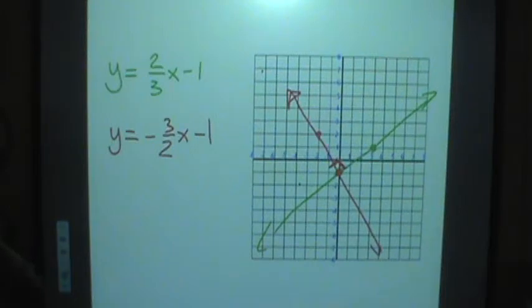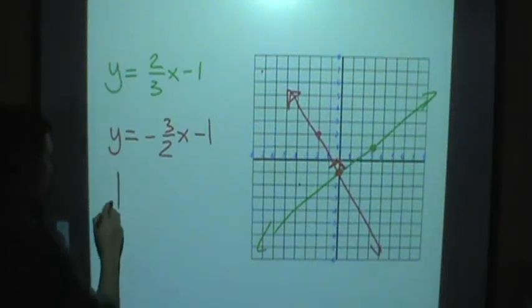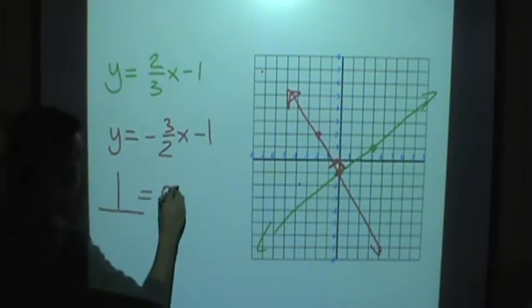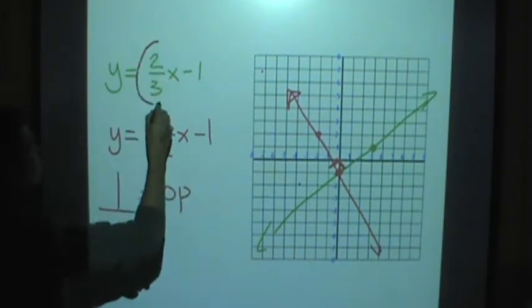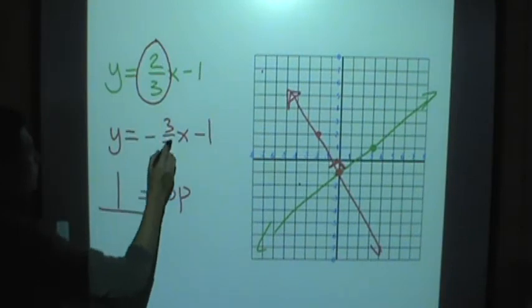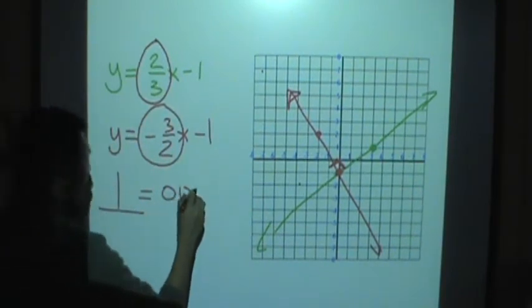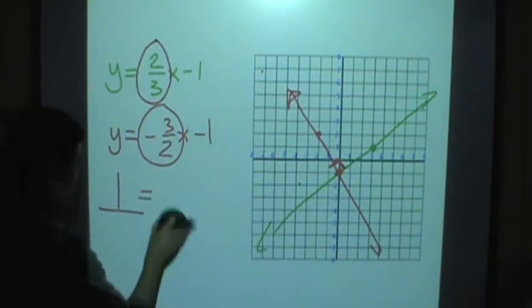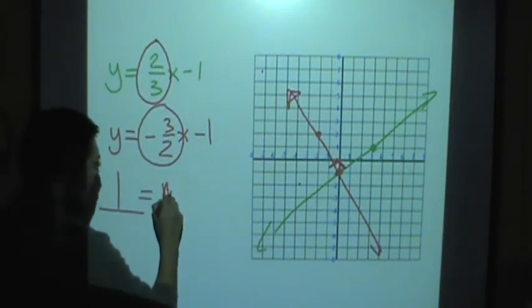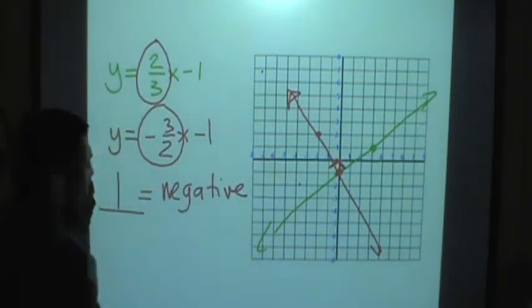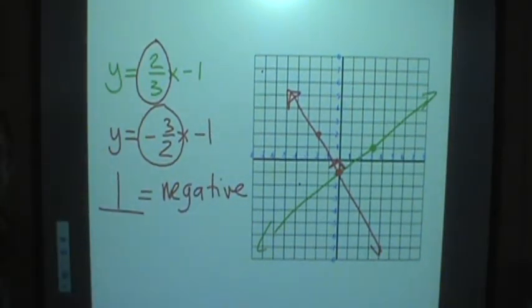So we can now agree that for perpendicular lines, they have opposite, because here you have positive 2 over 3, and if we flip the slope and change it to negative, they have the, I would say, negative. Let's make it more technical.